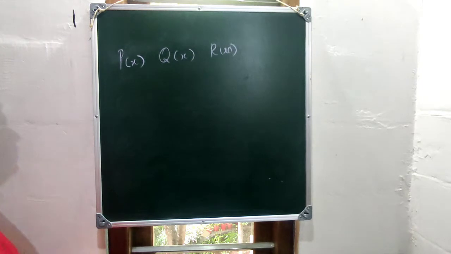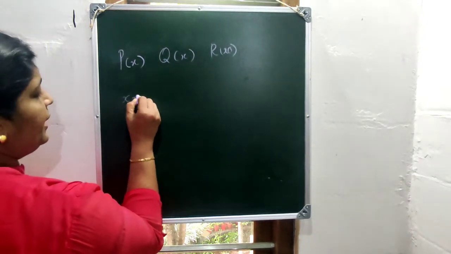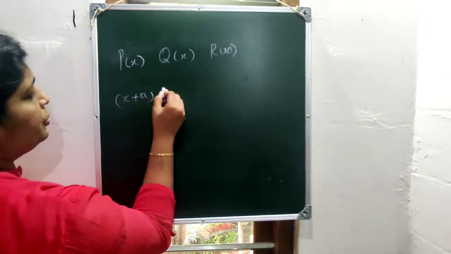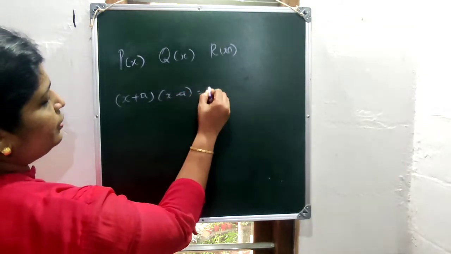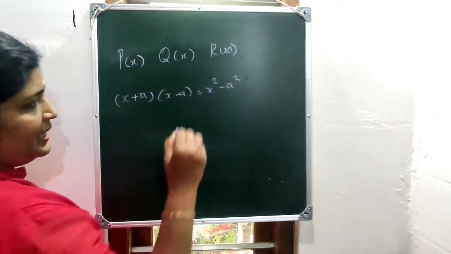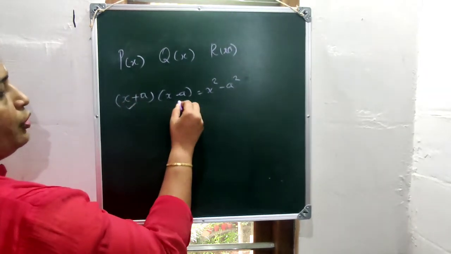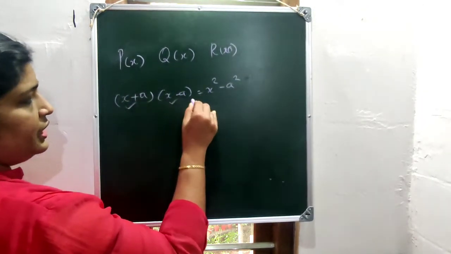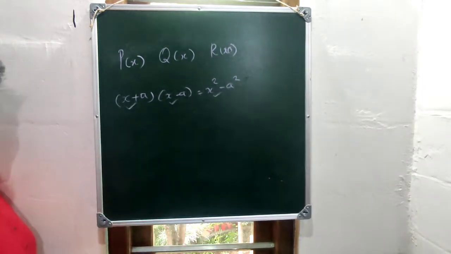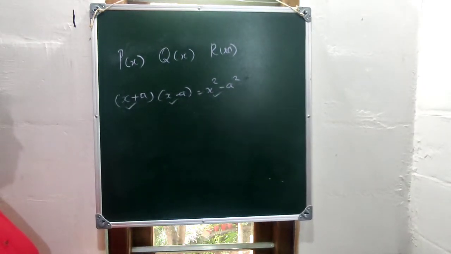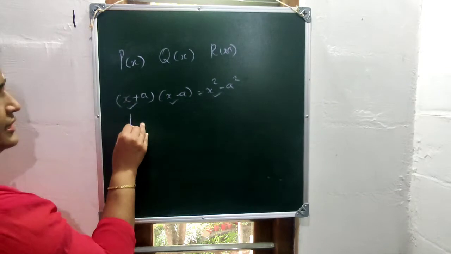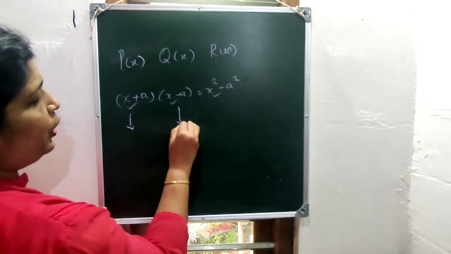Okay, so here we have x plus a into x minus a is equal to x square minus a square. That is, a first degree polynomial into another first degree polynomial gives a second degree polynomial. Instead of this, I am just taking all of these as some polynomials.